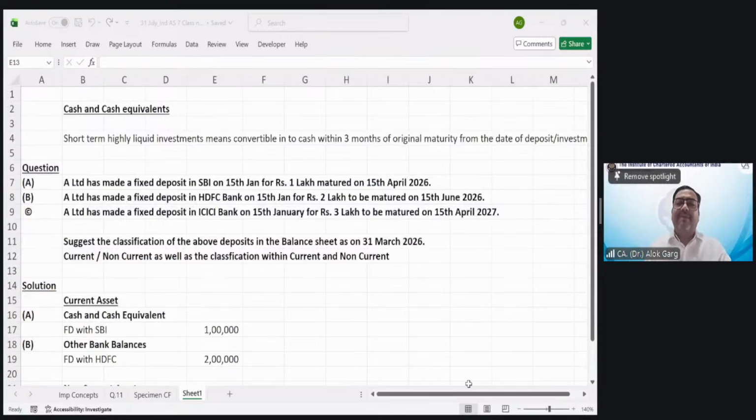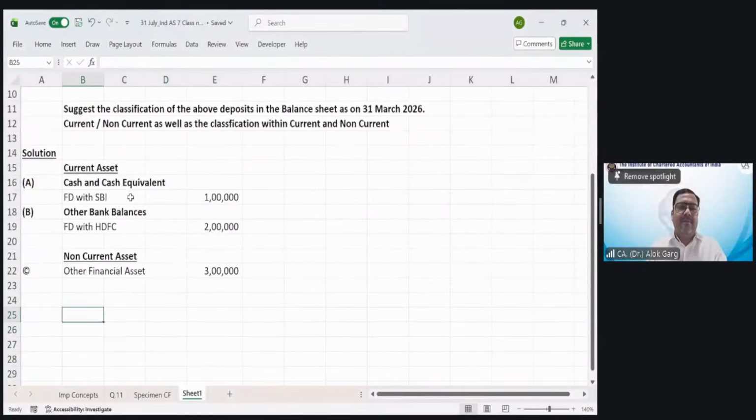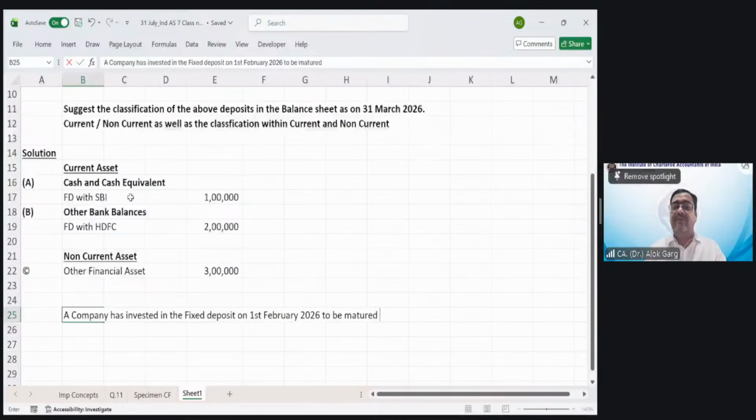Suppose a company has invested in a fixed deposit on 1st February 2026, to be matured on 15th April 2026.